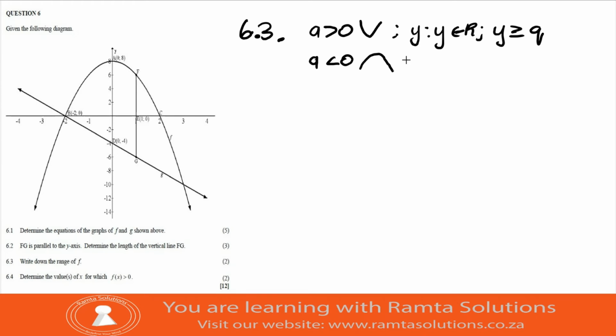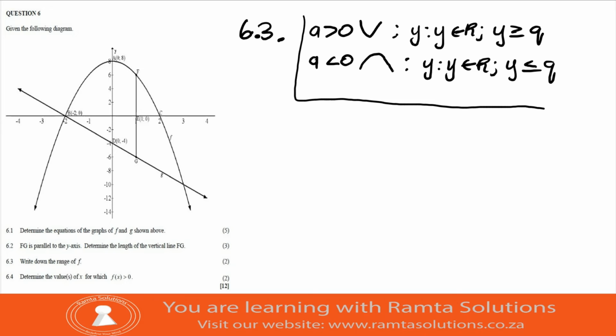We'll say y is an element of real numbers and y is less or equal to q. Can you see that? It will take any values of y as long as they are equal to q or less. If it is less than q, it will not work. So what we are looking for, we are looking for this one. This one is our preference, right? This one is our preference.